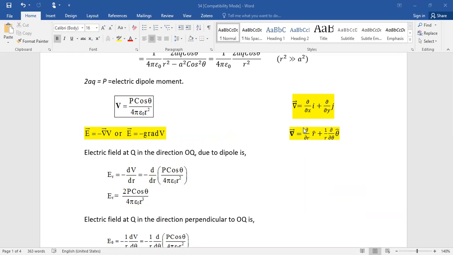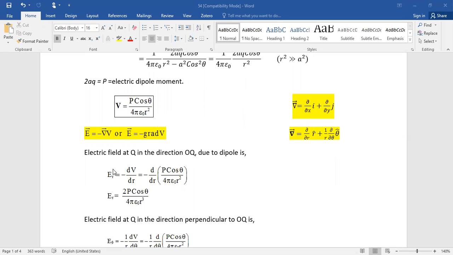Let us apply del on V in separate components, in separate terms. Let us find the gradient of the potential in two separate components. Here, the first component of the del is delta by delta r, and let us take only the magnitude.